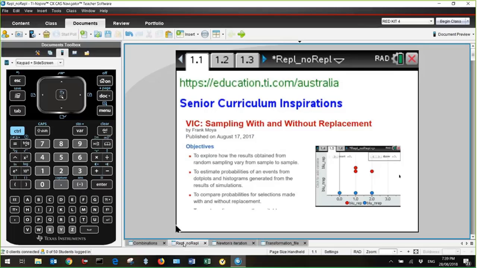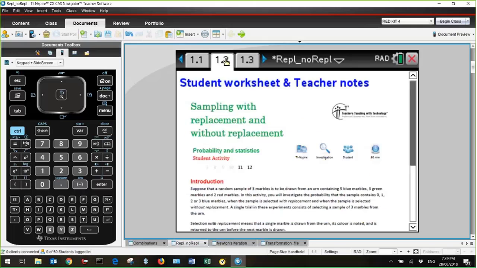Now, this activity, if you go to the website, has got student and teacher worksheets so that it's all ready to go. So you get the TI-Nspire file and the teacher worksheet, student worksheet and teacher notes.